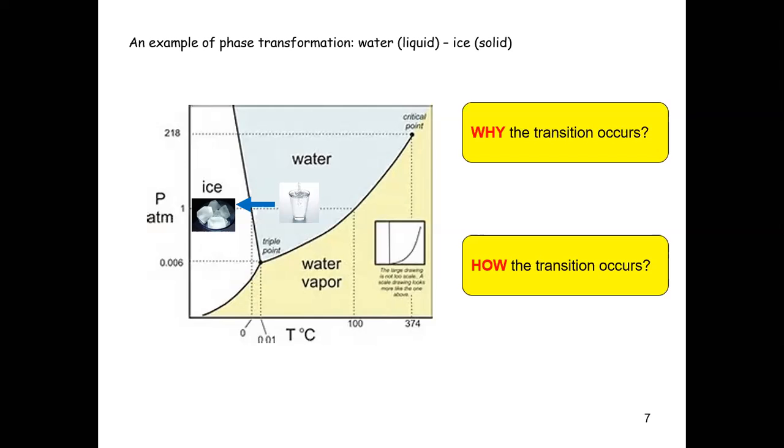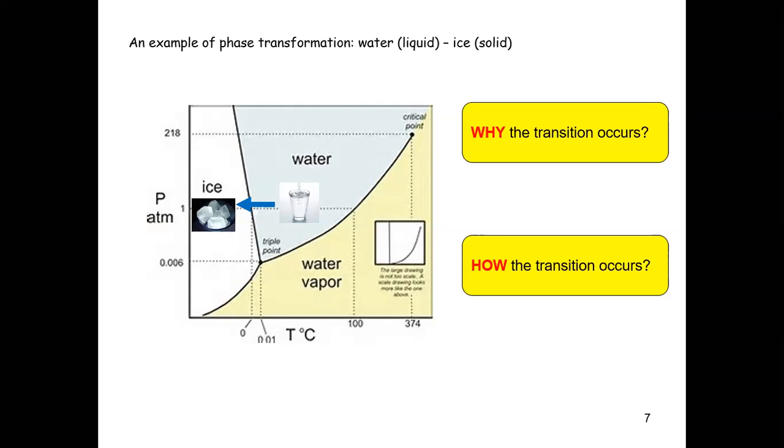The first question is why the transformation occurs. And the second question is how the transformation occurs. Through this entire semester, we will just be answering these two fundamental questions, but in different transformation pathways.